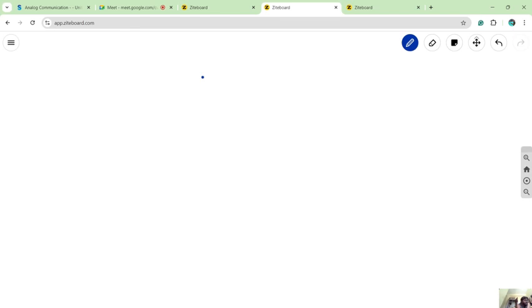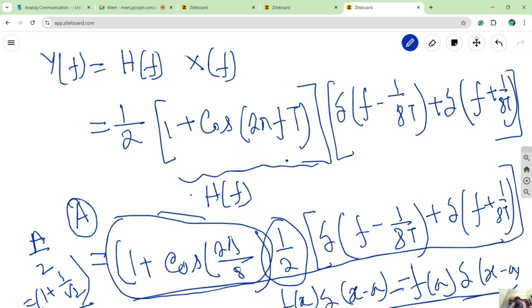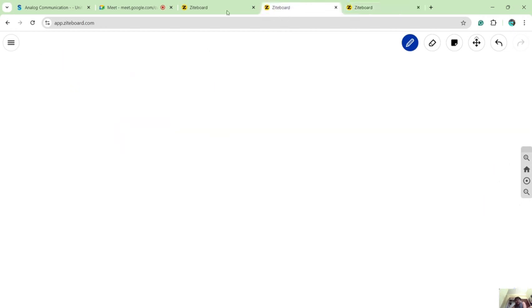So this is the same as before, but this is just multiplied by a factor of e to the power minus j 2 pi f tau as an extra term.